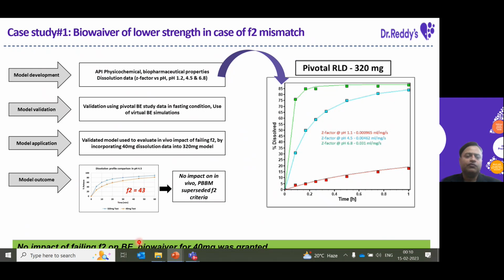And there was no impact of the failing BE study on the biowaiver for the 40 milligram. So hence, basis this approach, the biowaiver was granted.